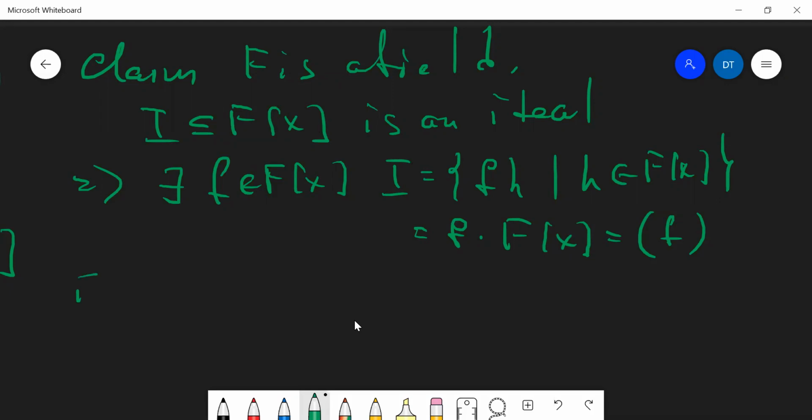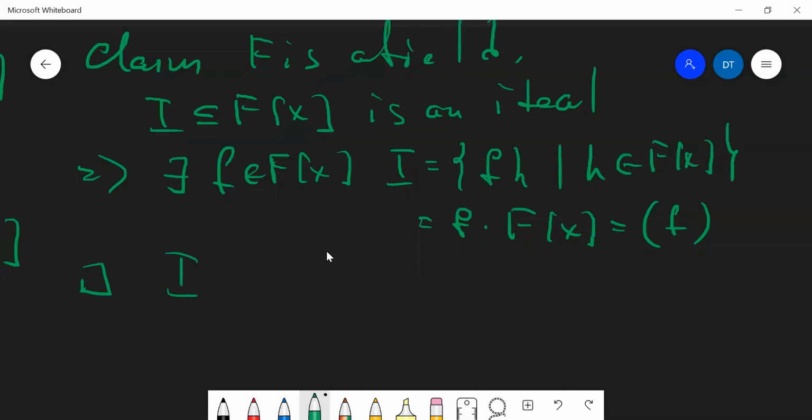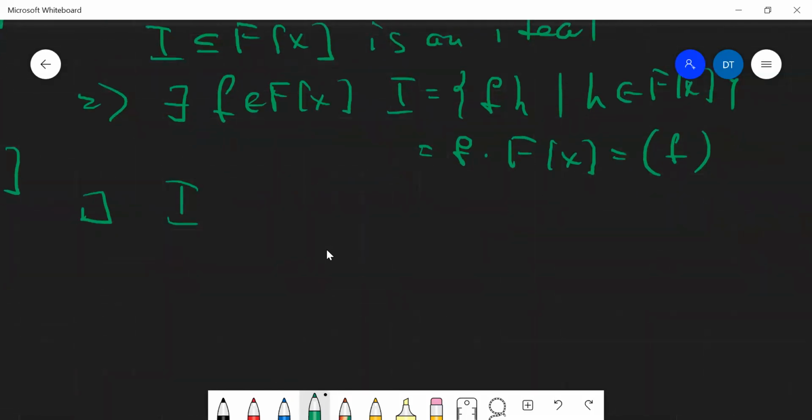And how do you prove this? Well, you consider two cases. If you remember the proof for the integers, you'll probably understand how to prove this. So there are two cases. Either there is only a zero element, or there is a non-zero polynomial in the ideal.